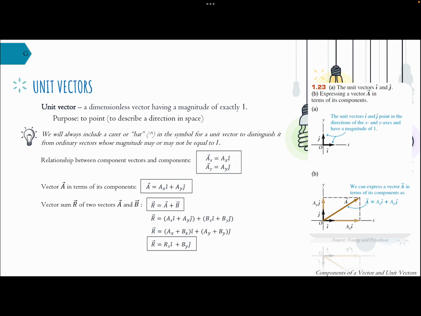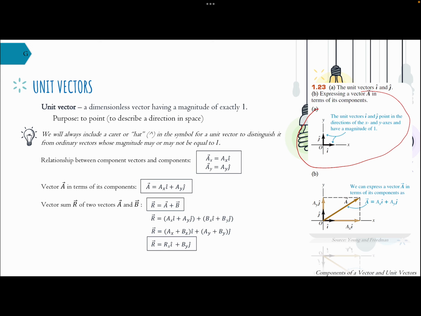Okay, so here's a visual representation of unit vectors. As you can see in an xy coordinate system, we use the symbols i hat and j hat to represent unit vectors pointing in the positive x and positive y directions respectively.